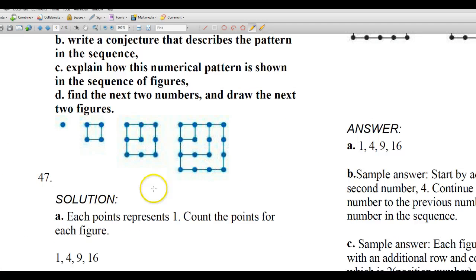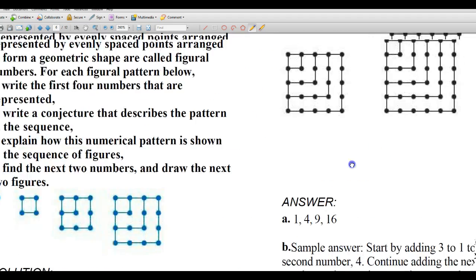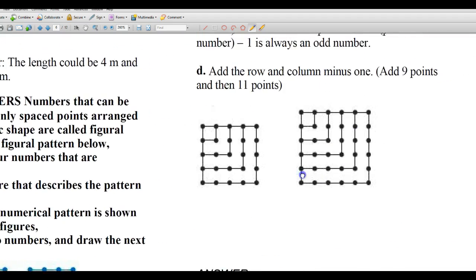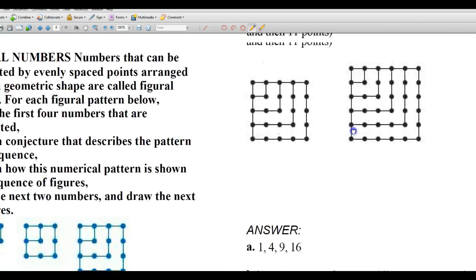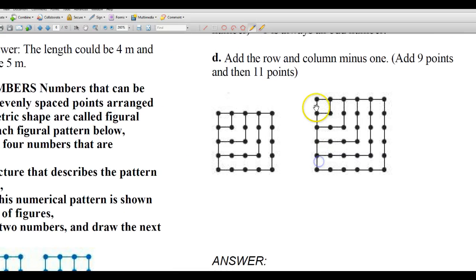Part D, find the next 2 numbers and draw the next 2 figures. So if we add the next odd number, we would be adding, let's see, we added 7, so then we want to add 9 points, and then add 11 points.